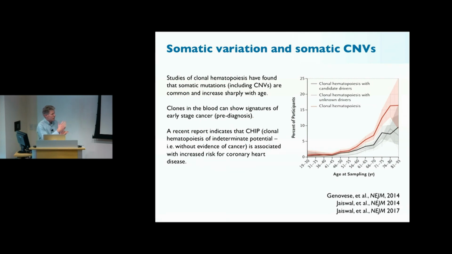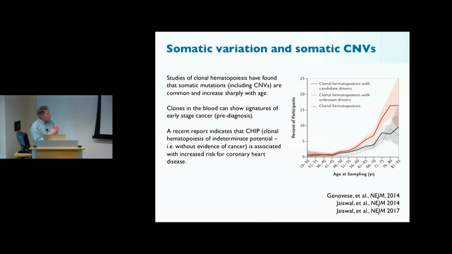There's this sort of hockey stick plot on the right that shows that this clonal hematopoiesis increases with age, and it always kind of gives me the willies, this plot, as I get older. But then these clonal variants can be both SNPs and indels and also copy number variants. You can find precancer states that you can detect in the blood, even pre-diagnosis.